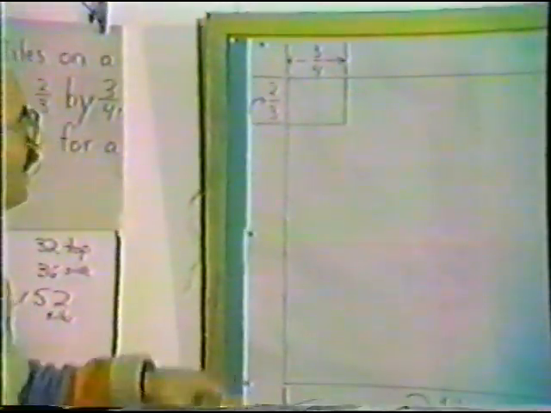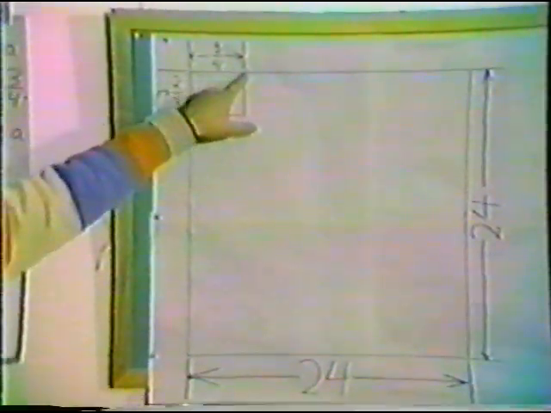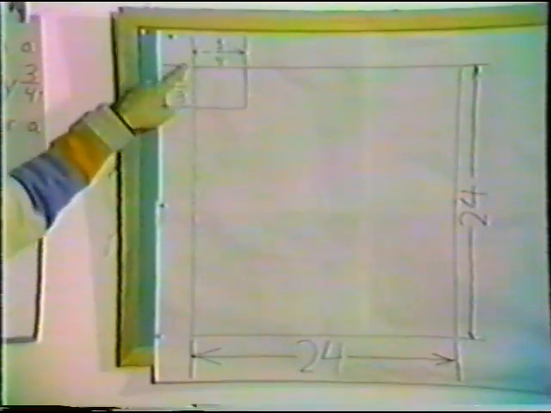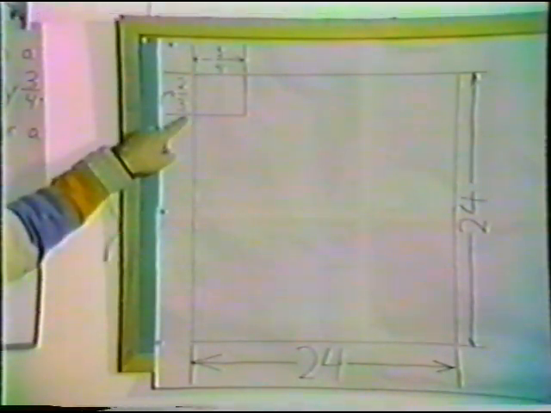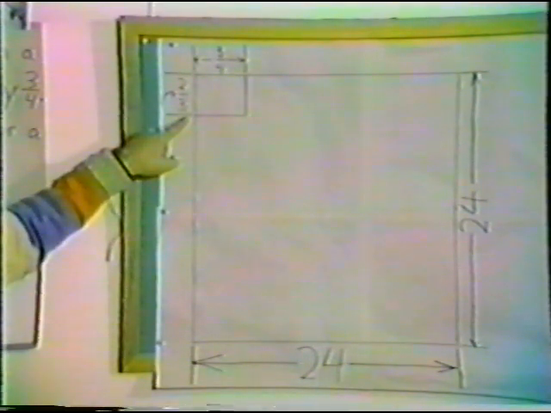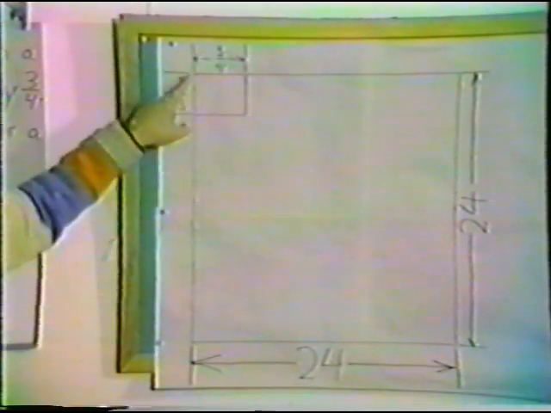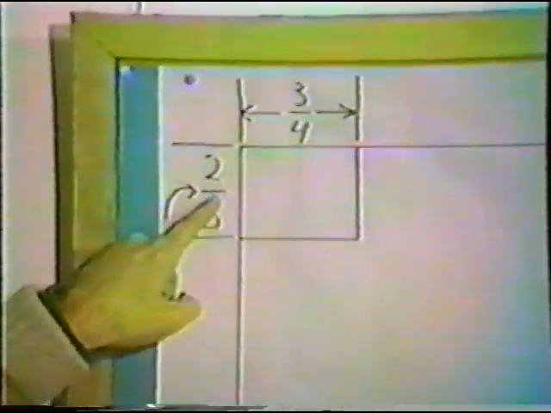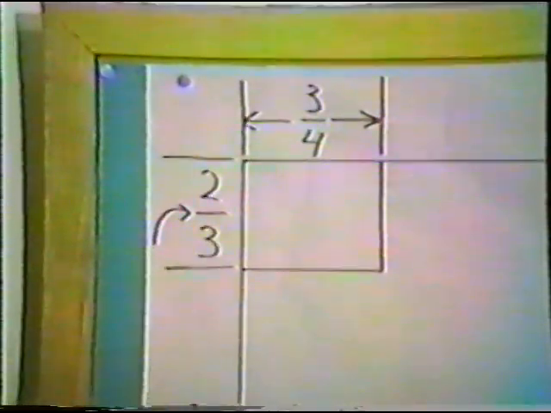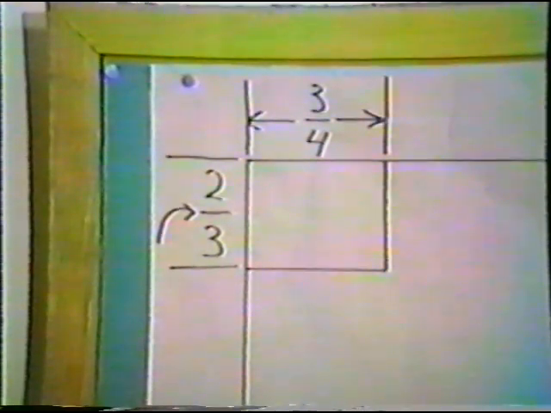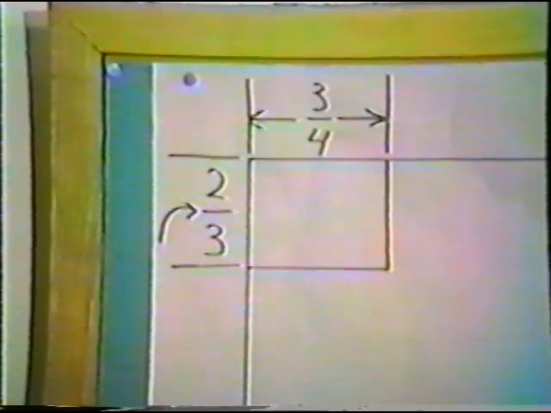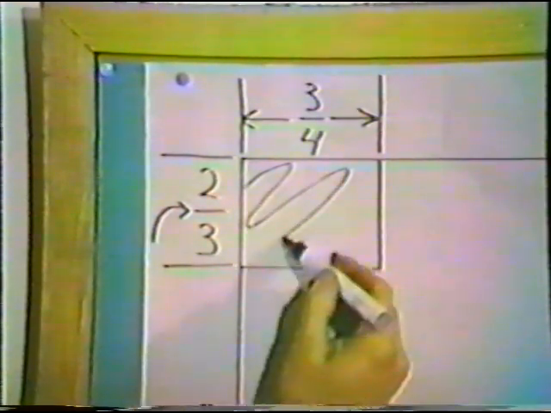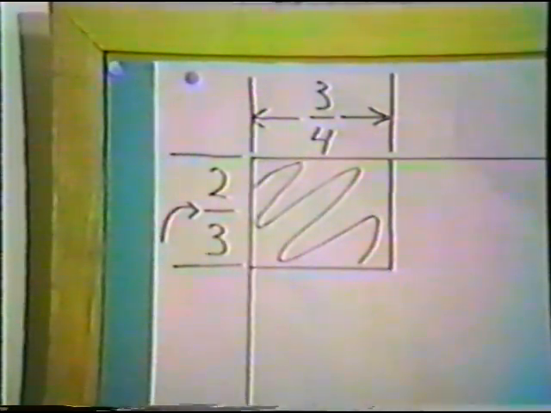We see that each little tile is 3/4 by 2/3. 3/4 times 2/3. If we multiply those two numbers, we'll be able to find out what the area or the space inside one little tile is.